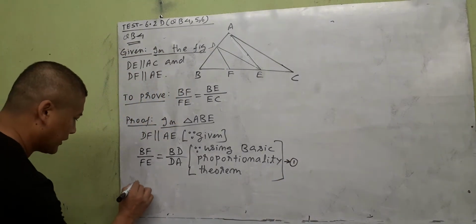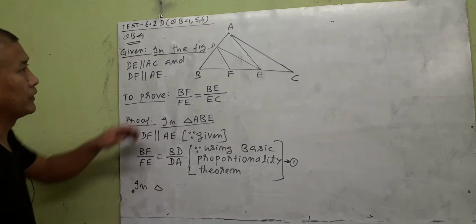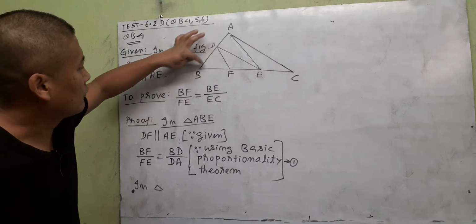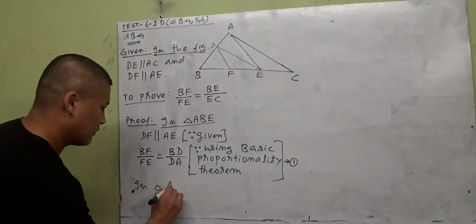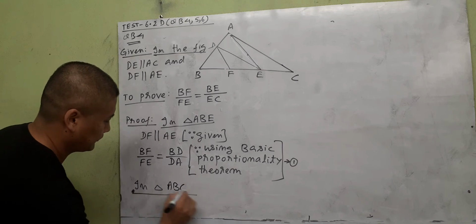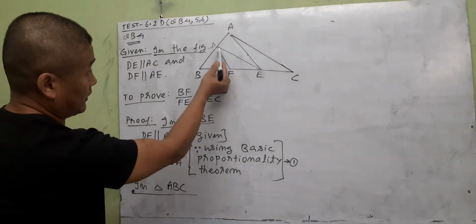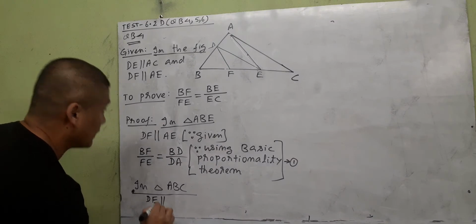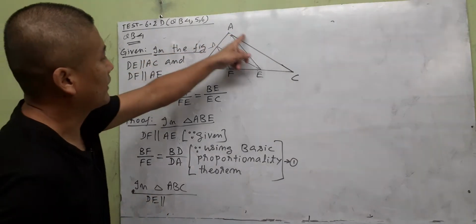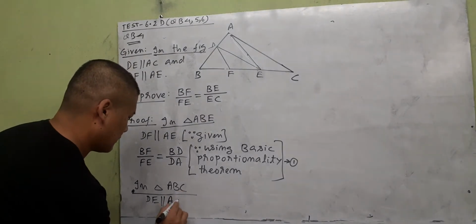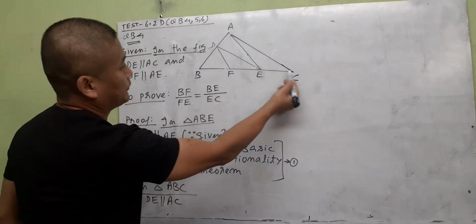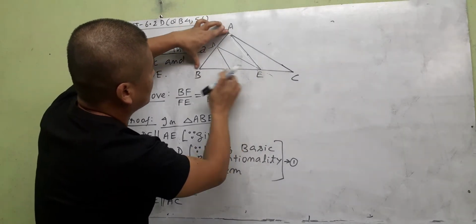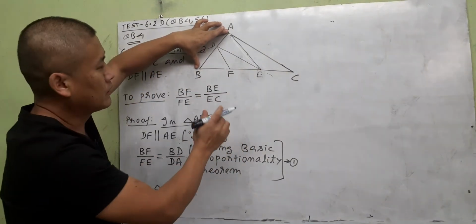Then let us take the other triangle. We have taken ABE, so now let us take the big one, ABC. In this triangle ABC, this line DE is parallel to this side AC. So DE will cut the two sides it touches in equal ratio.